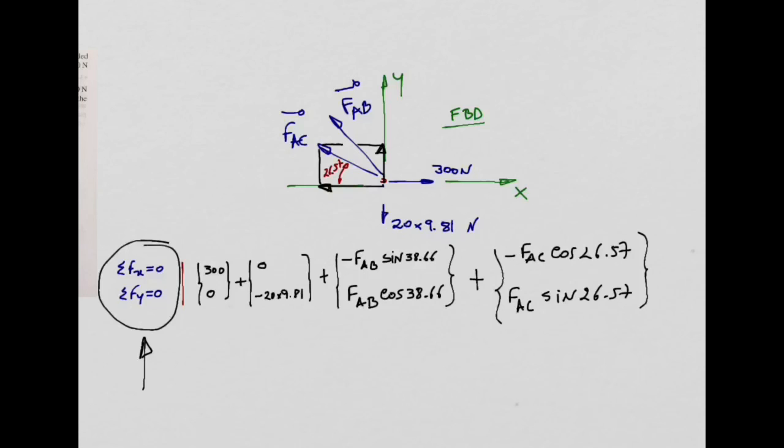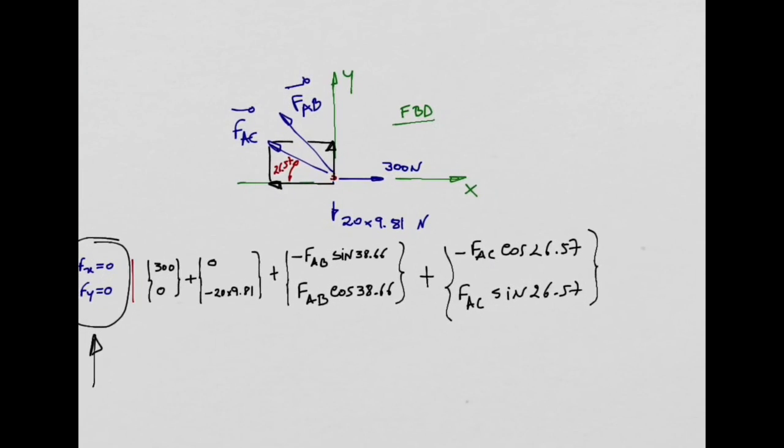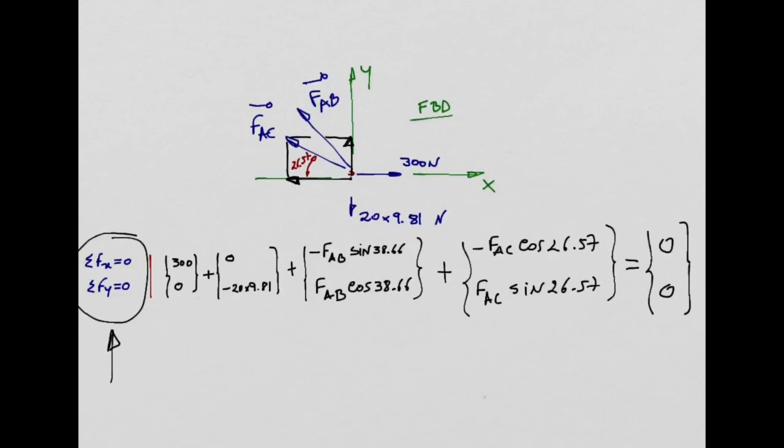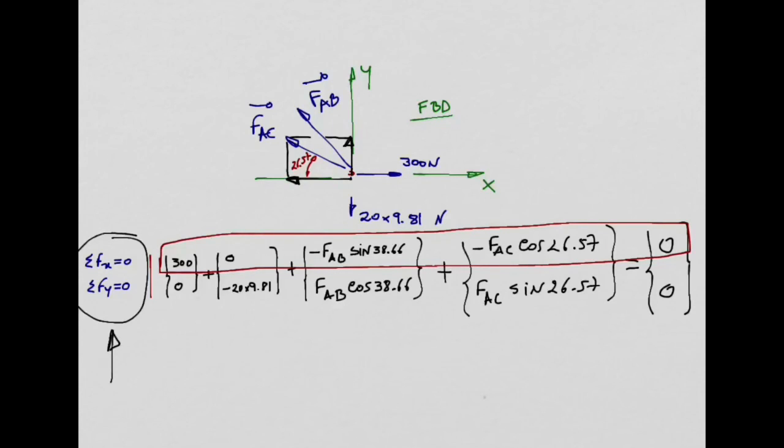Doing that means I will have to say that the summation of these vectors needs to be equal to a vector whose horizontal component is 0 and vertical component is also equal to 0. And when I now check the horizontal or x components of this addition of these vectors and equal it to 0, I have our first equation, which I'm going to write here below.